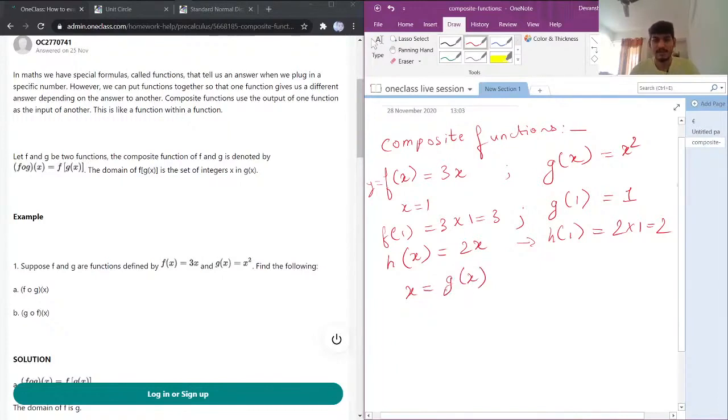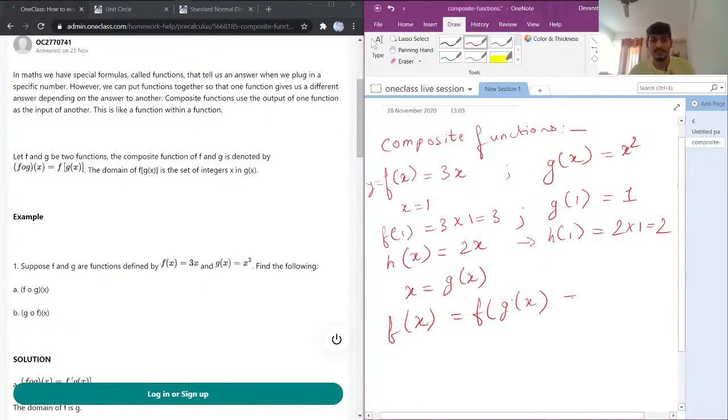Then my f of x will be f of g of x, because x was 1 here, but now x is equal to g of x. Now what does this mean actually?